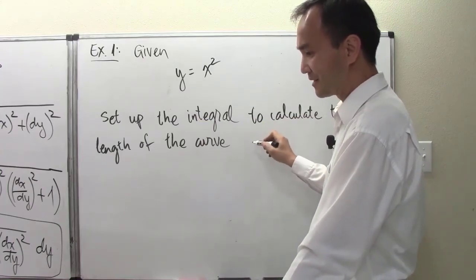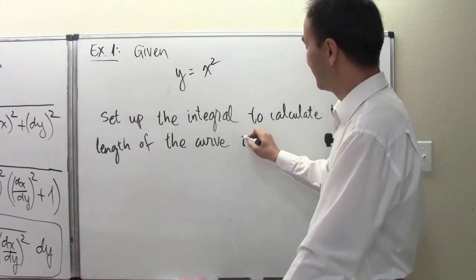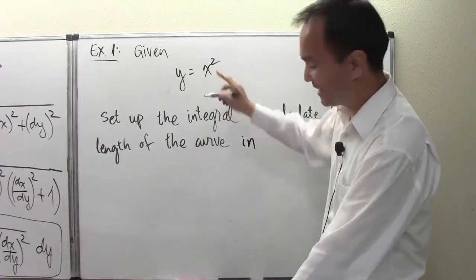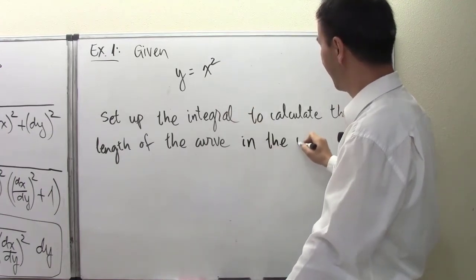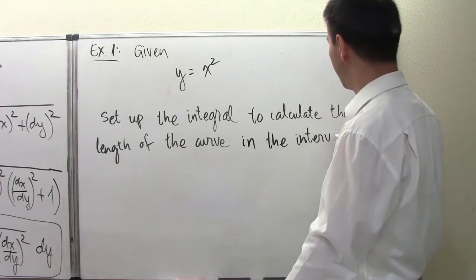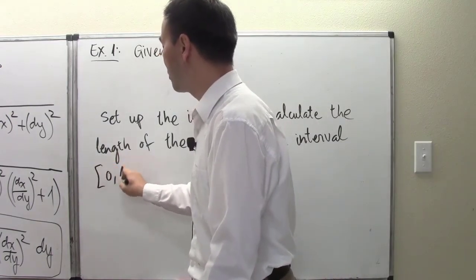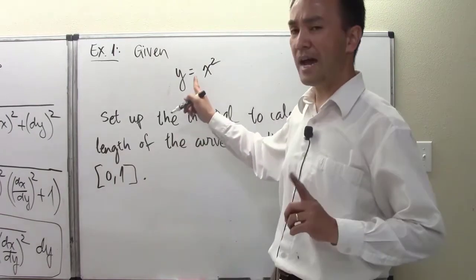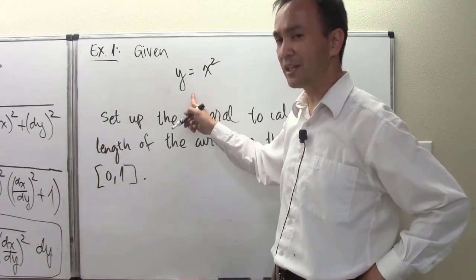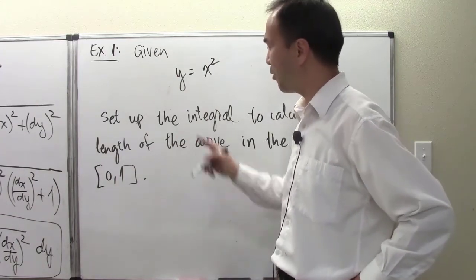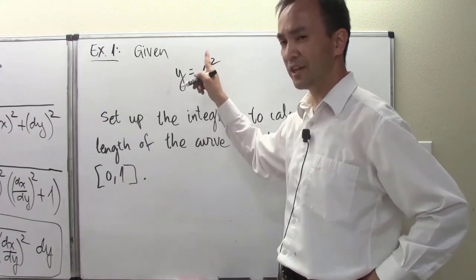Okay, because this gives us a curve in the interval from 0 to 1. So as of this point, okay, the curve is given in terms of x.